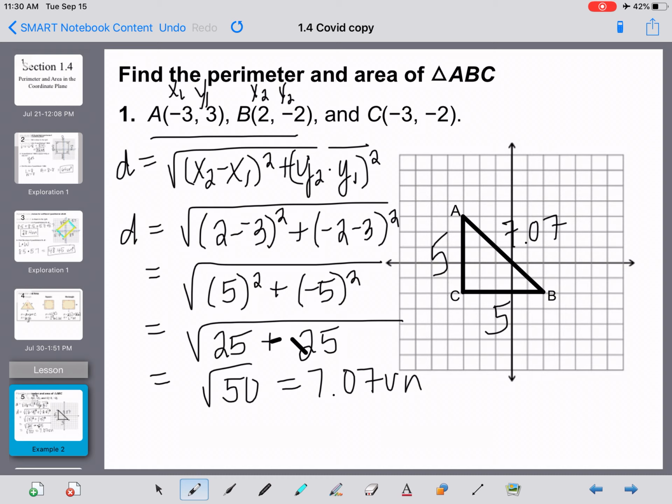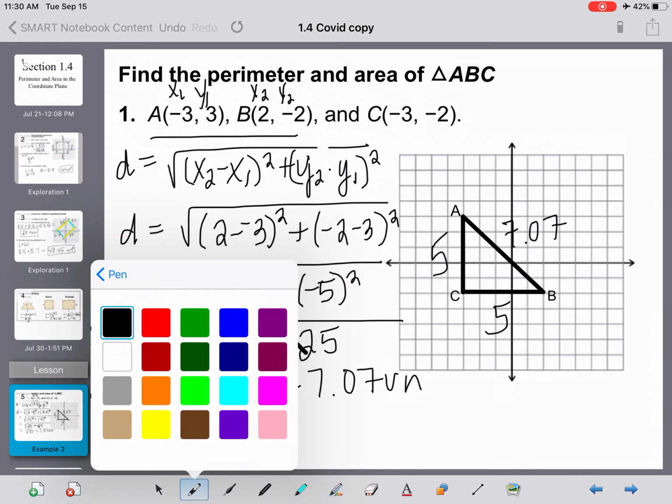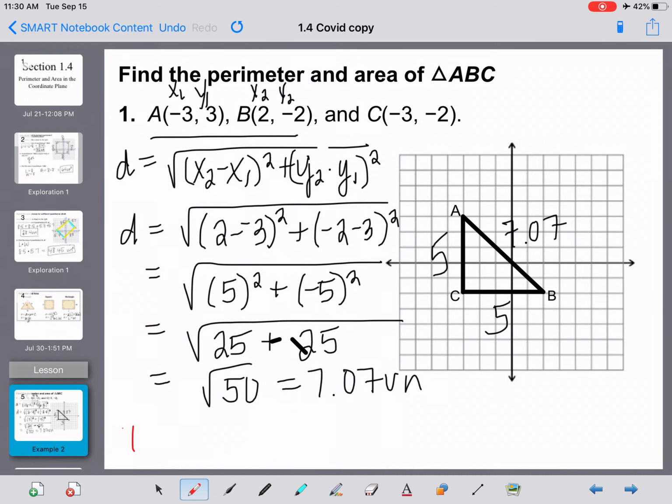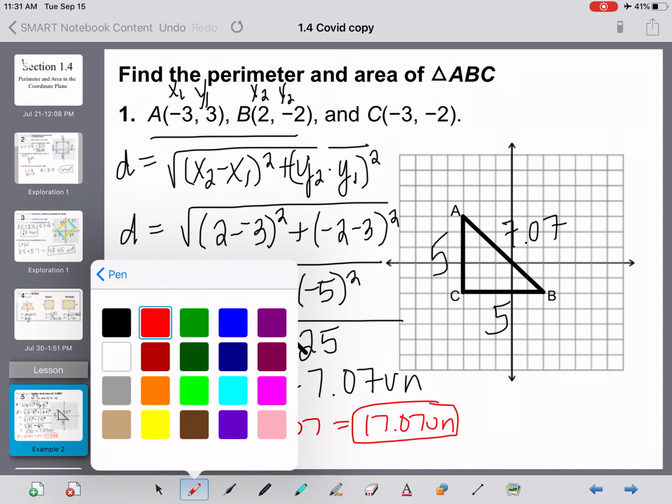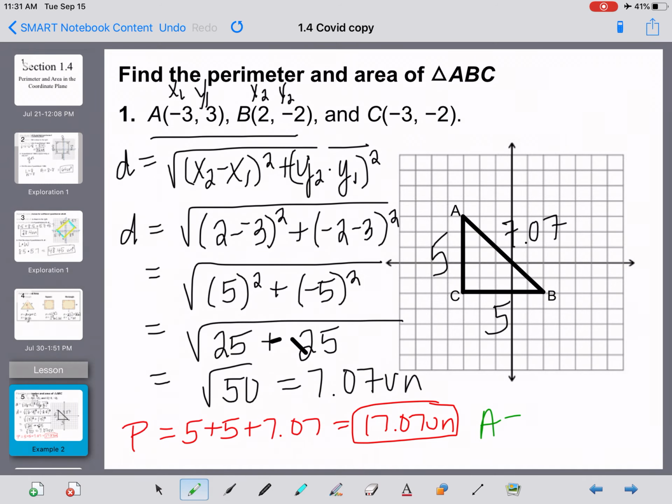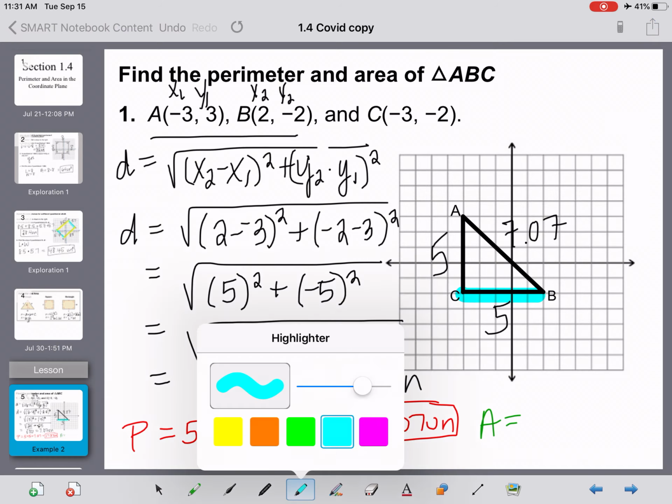All right. So to find the perimeter, I'm going to add 5 plus 5 plus 7.07, which equals 17.07 units. So that's my perimeter. My area is my base of my triangle, times my height.